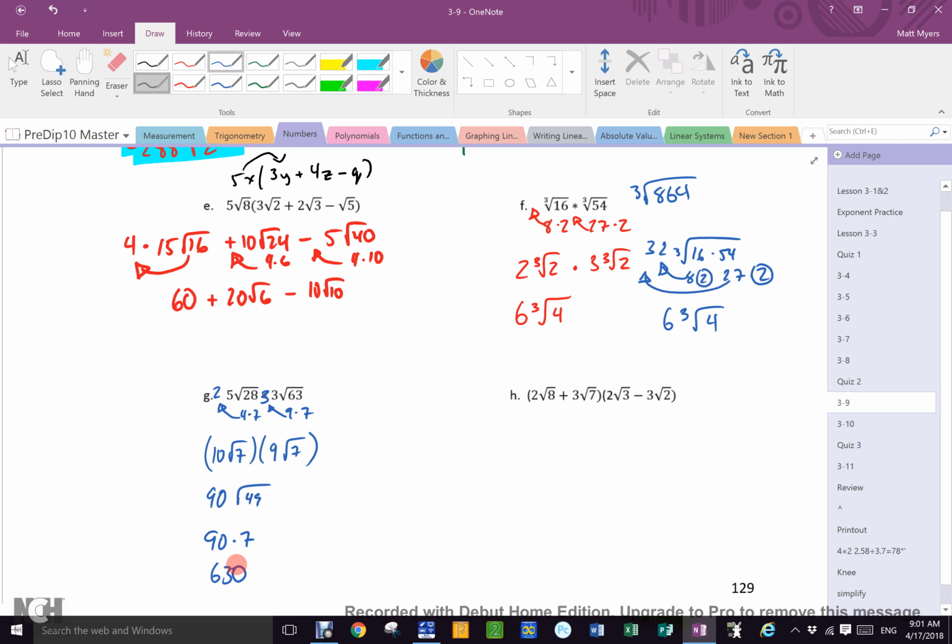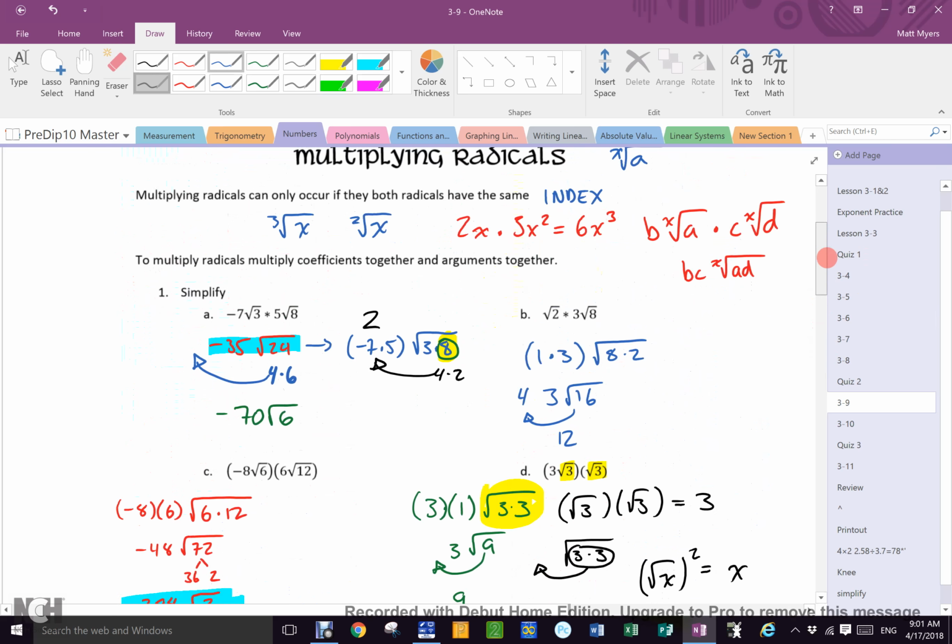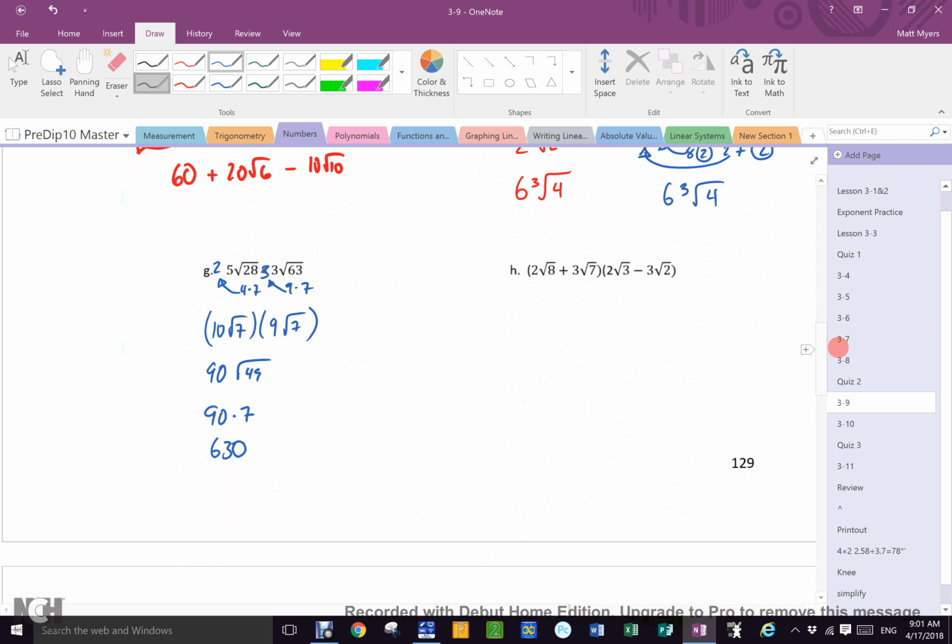Now what do we got to do? Say it, Luke. Foil. Remember, I don't particularly like that word, foil, because really what are we doing? Double distribution, right? So what do I have here really? I got 2 root 8 times those, and I got 3 root 7 times those. Correct?